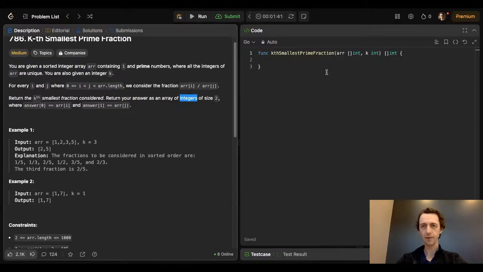Okay, let's look at an example. By the way, I forgot to mention, we're trying to solve this within 30 minutes. We have 1, 2, 3, and 5.